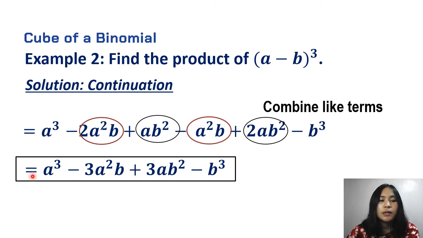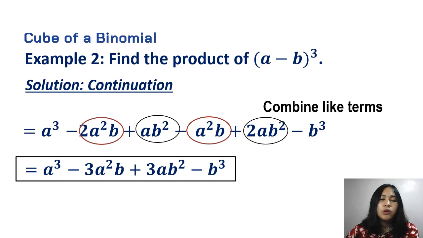That's why a cubed, then negative 2a squared b plus negative a squared b gives negative 3a squared b, copy the sign, because they have the same sign. Same thing with ab squared plus 2ab squared: since they are positive, you copy the sign. And we also copy b cubed.